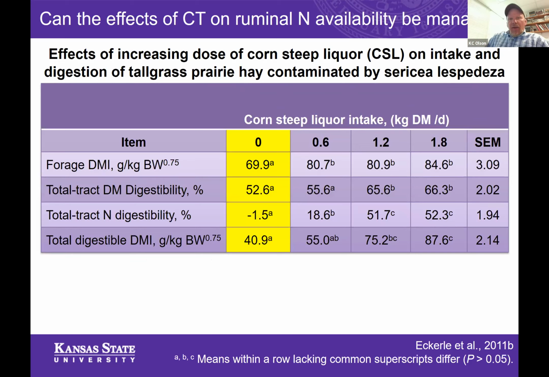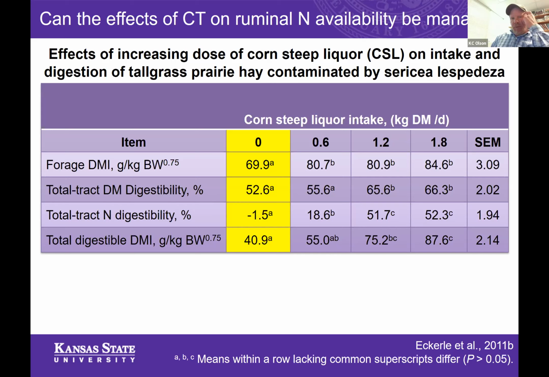So the question here is, can the effects of condensed tannins on ruminal nitrogen availability be managed? We also did this with a group of cows. They were fed either no corn steep, about 3 pounds of corn steep liquor on an as-fed basis, 6 pounds, or 9 pounds.